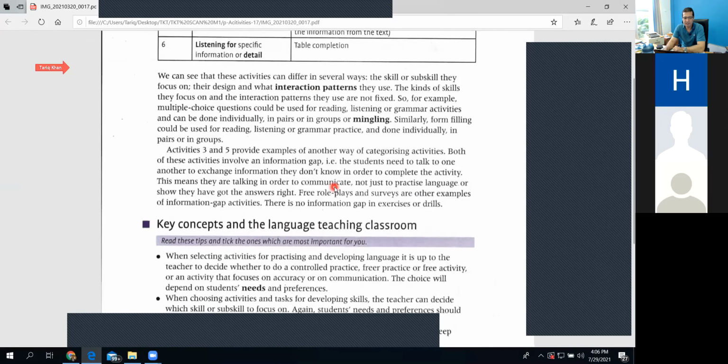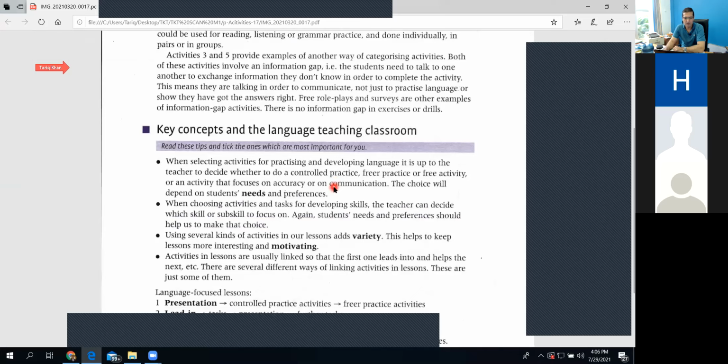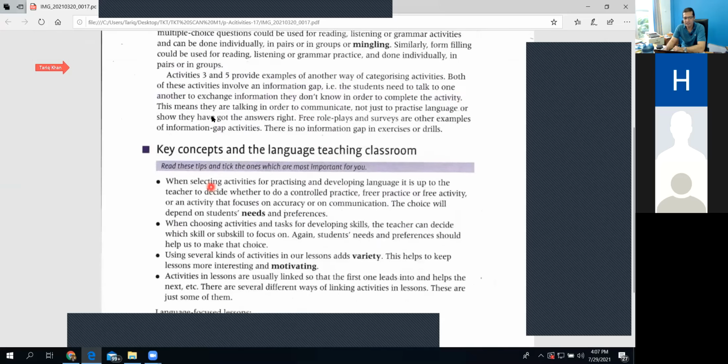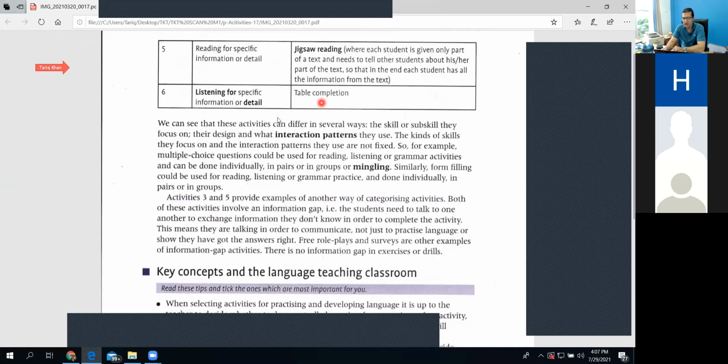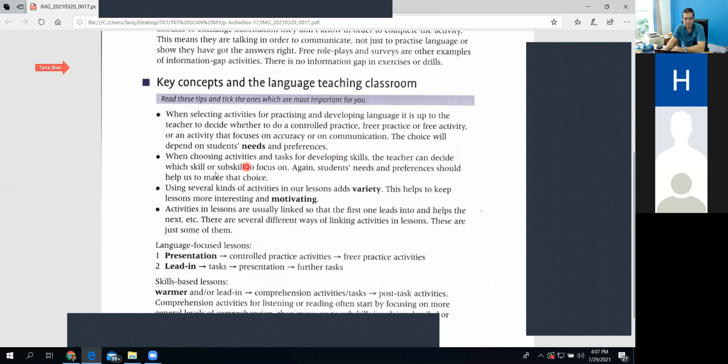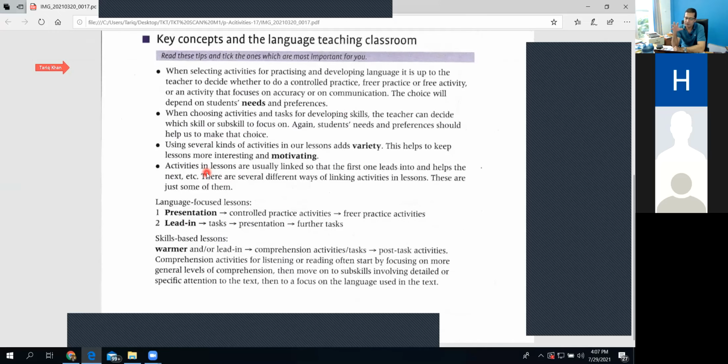This is the continuity of the activities for the sub skills. You can make a list of it. For language accuracy and forms, what type of activity; for communication and fluency, what type of activity; for the sub skills of reading, listening or writing, what type of activities.